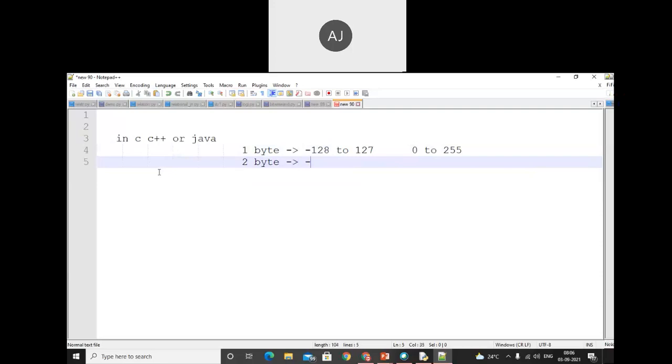We have minus 32,768 to 32,767. This one is the signed range, and the unsigned range is 0 to 65,535.